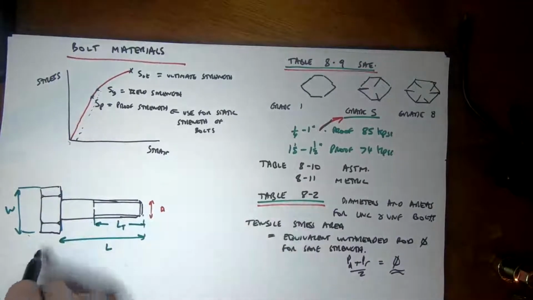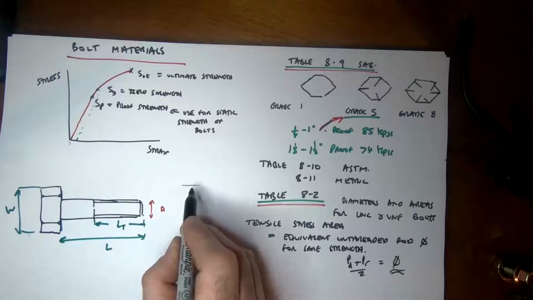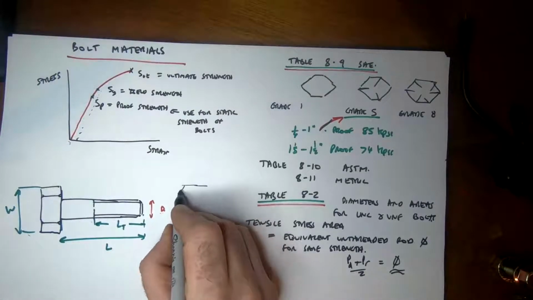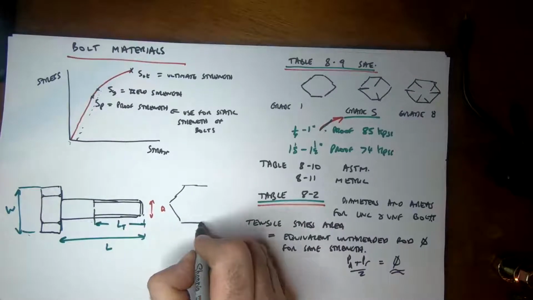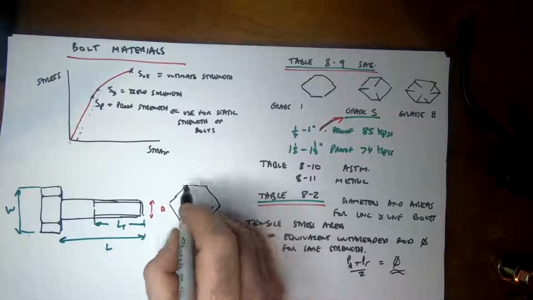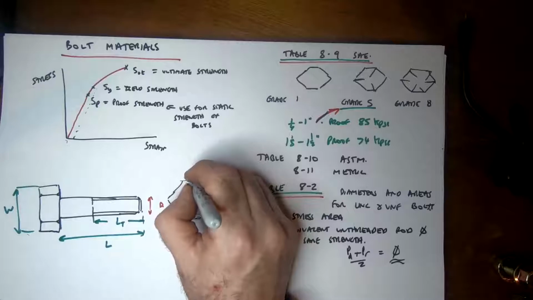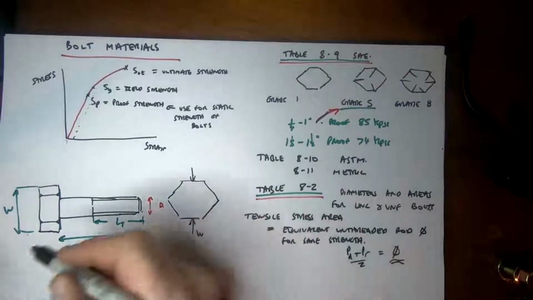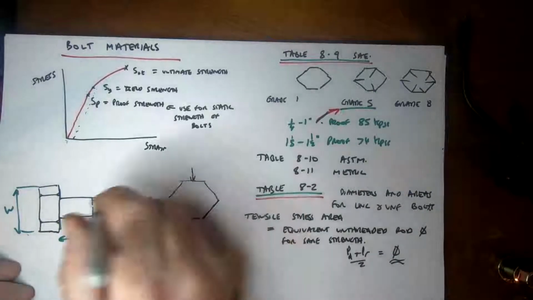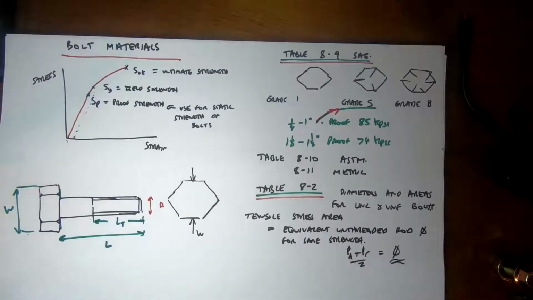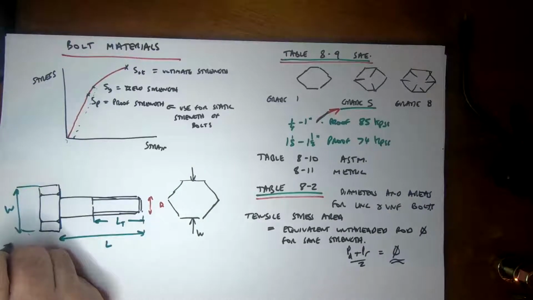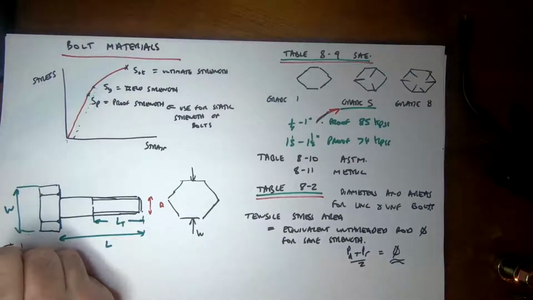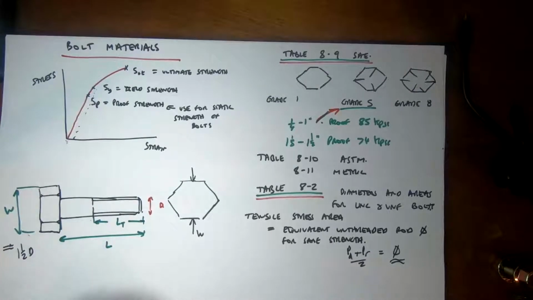So we can look at this from the front. There's what we call the across the flats width, W, looking at it from the end. Actually, that's first angle projection, but you get the idea. This width W is approximately 1.5 times the diameter.